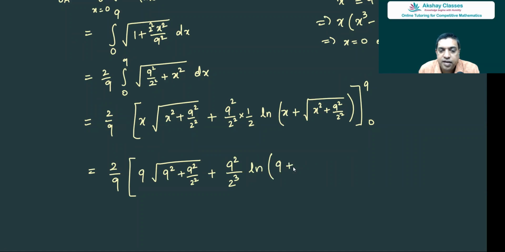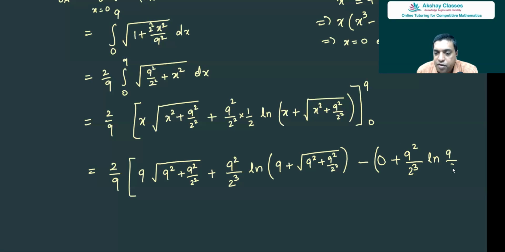Logarithm of 9 plus under root of 9 square plus 9 square by 2 square. Minus, substituting the lower limit, we get 0 minus 0 plus 9 square by 2 cube into log of 0 plus under root of 0 plus 9 square by 2 square, you will get 9 upon 2.